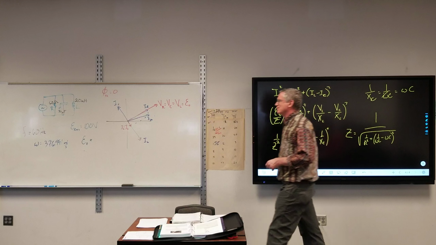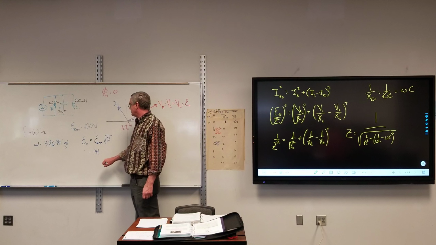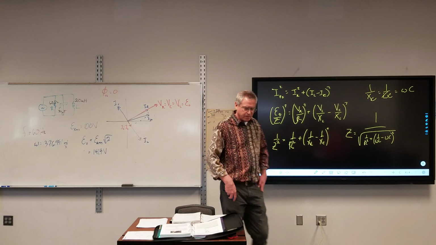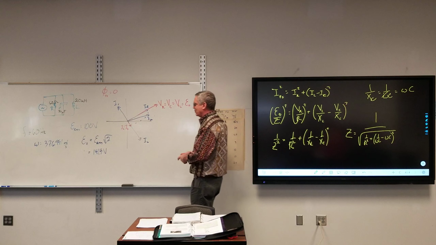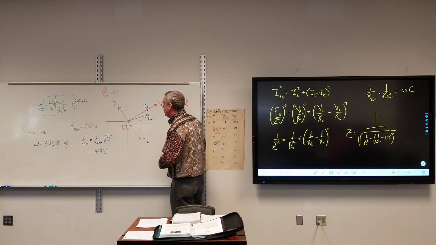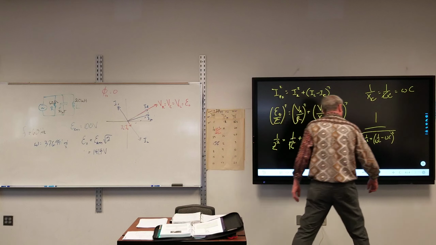Square rooted. It's just the RMS value times the square root of 2. So therefore this is 141.414 volts. All right, so we now know the equation for epsilon, the voltage for the power supply.